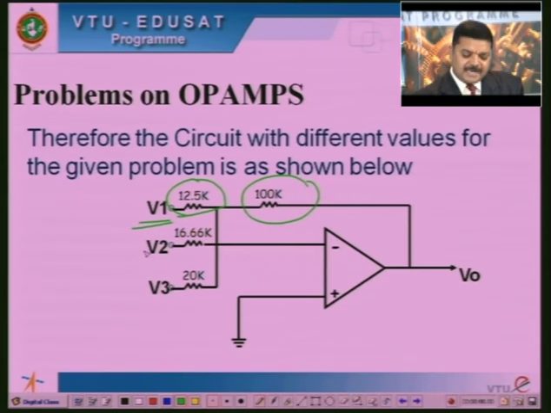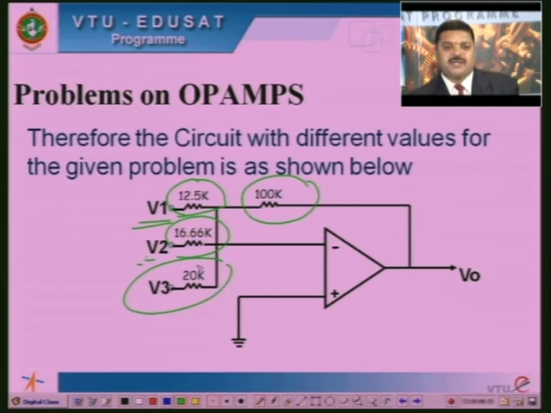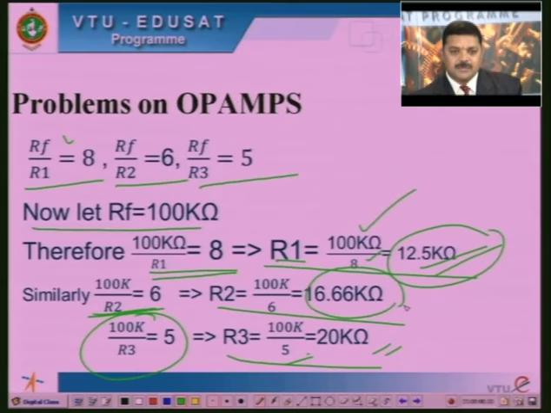And we found R2 for this problem as 16.66 kilo ohms. Through this resistor we will apply the input signal V2, and R3 was found to be 20 kilo ohms, through which we will apply the input signal V3. Therefore, what do we get at the output?